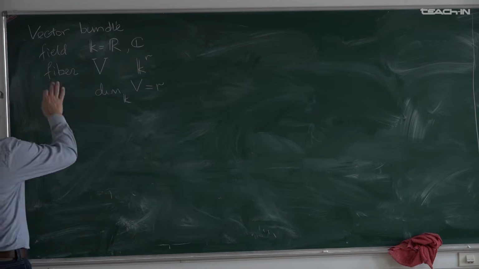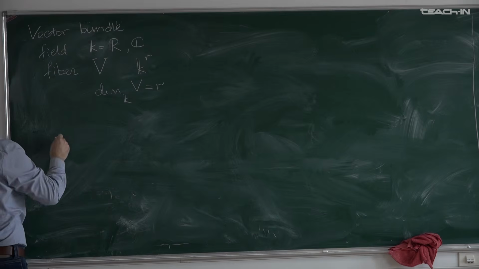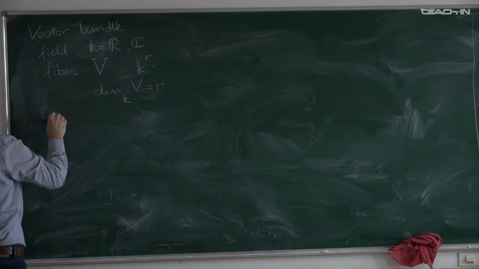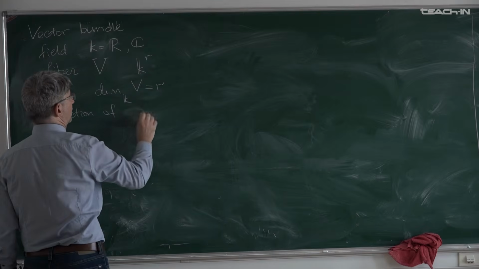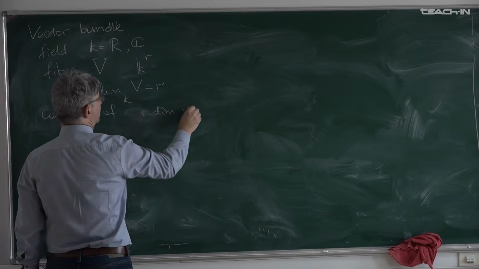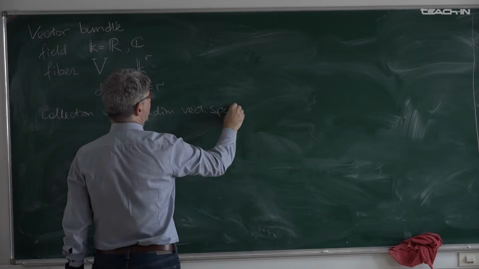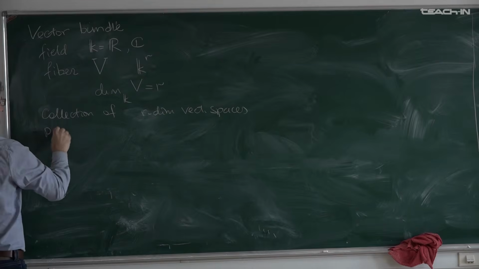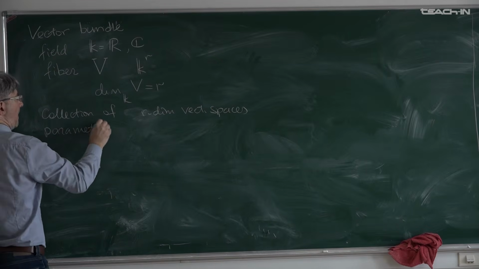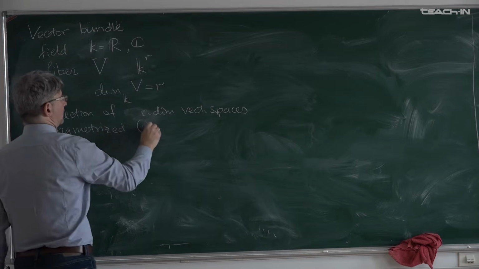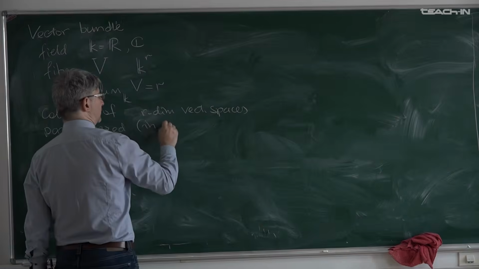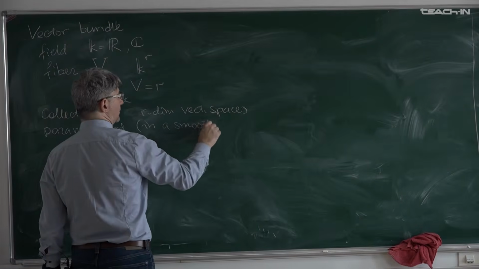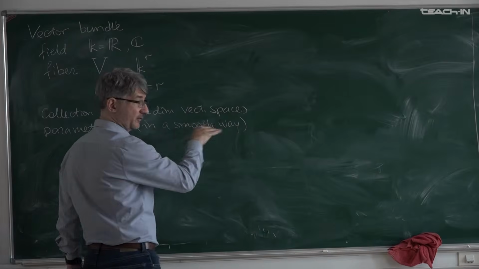Okay. So, in an informal way, we understand a vector bundle as a collection of r-dimensional vector spaces, parameterized, we discuss the smooth case, so in a smooth way, we will give a specific statement.